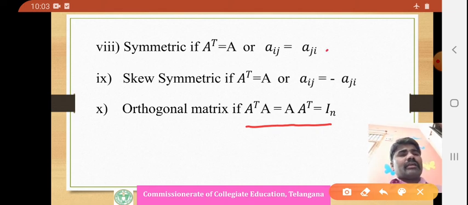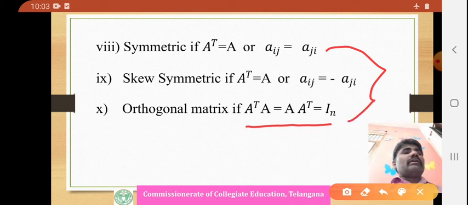In all these three cases, the entries of the matrix are real numbers. If we are saying that A is orthogonal, we understand that the elements in the matrix are real numbers. It is symmetric means the elements in A are real numbers.